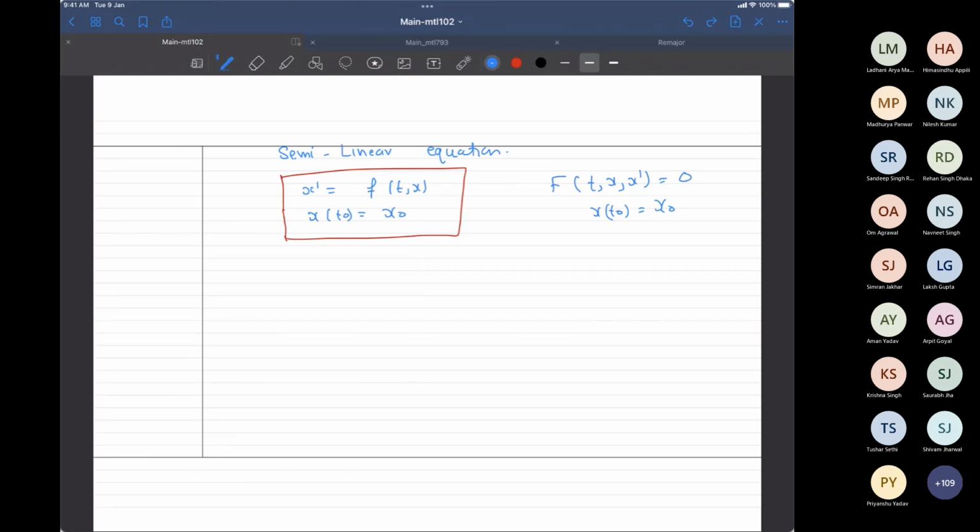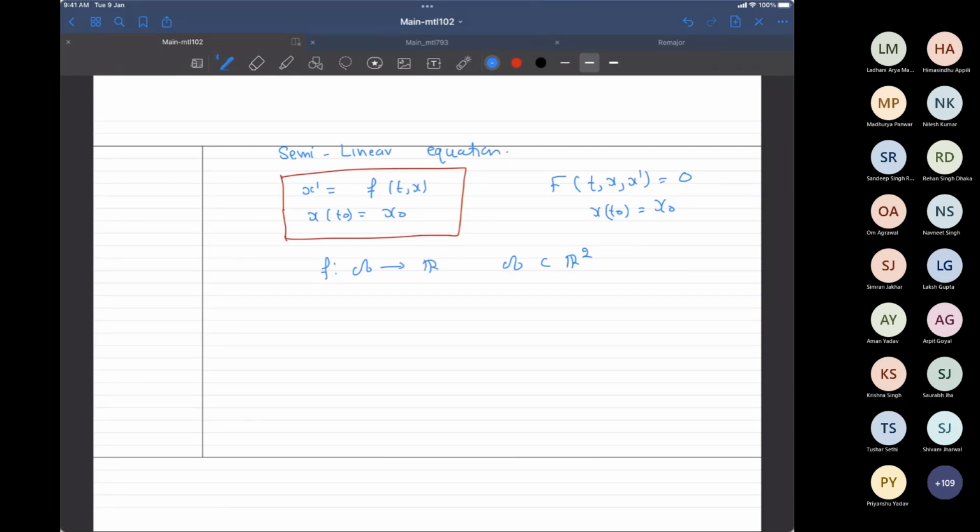Now our aim is to, of course, note that f here is a function from some omega to R, and omega is in R2, because f depends on x and t.